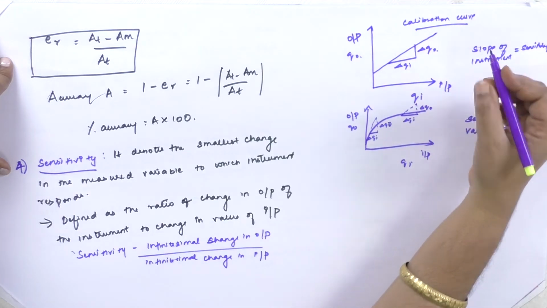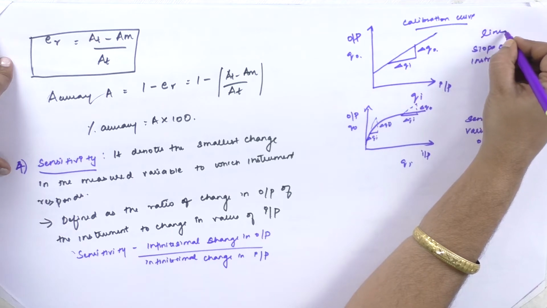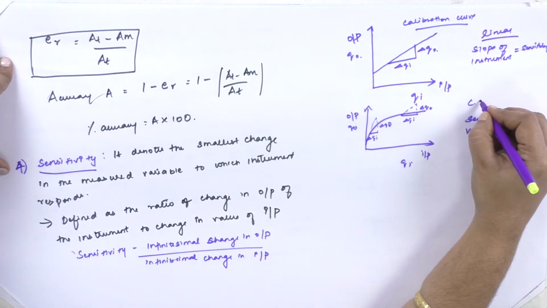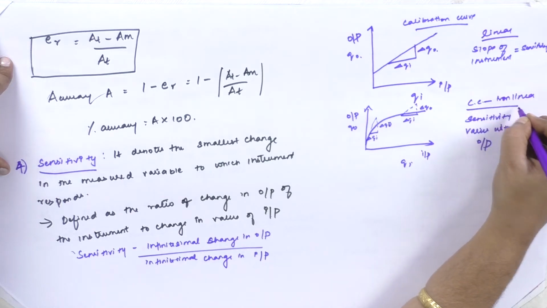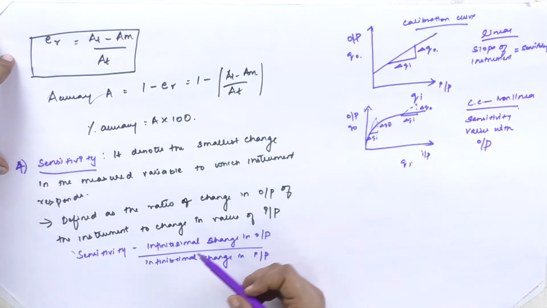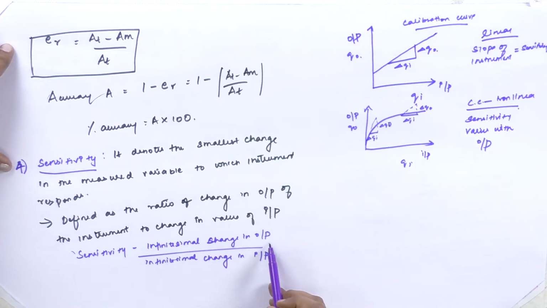So here the calibration curve is linear and here it is non-linear. Sensitivity is the ratio of infinitesimal change in output to infinitesimal change in input.